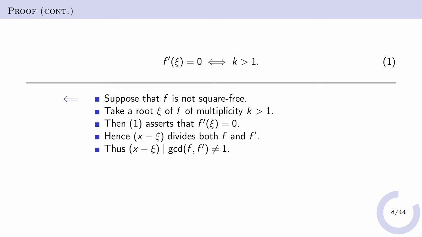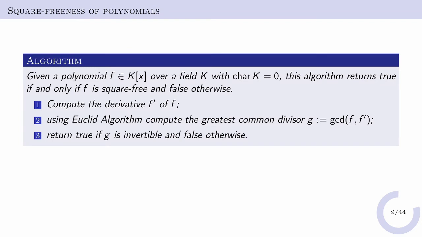We can turn this theorem directly into an algorithm that verifies whether a polynomial is square free or not. So given a polynomial f over a field of characteristic 0, what we do is exactly what we saw in the theorem. We compute the derivative using the algorithm from the first lecture.